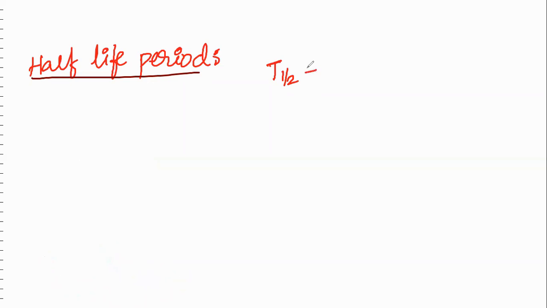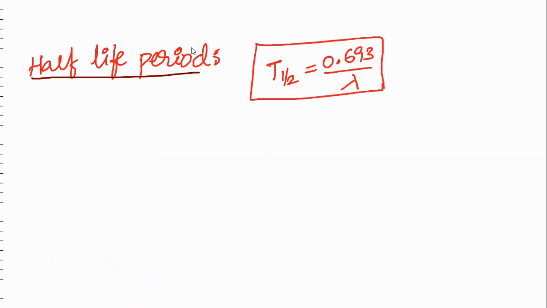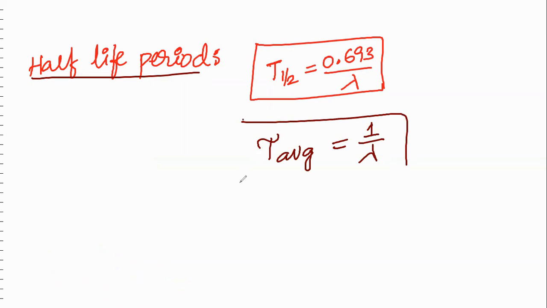The half-life period is equal to 0.693 divided by lambda. The average lifetime is equal to 1 by lambda. The total lifetime of all the radioactive nuclei divided by the total number of nuclei is called the average lifetime.